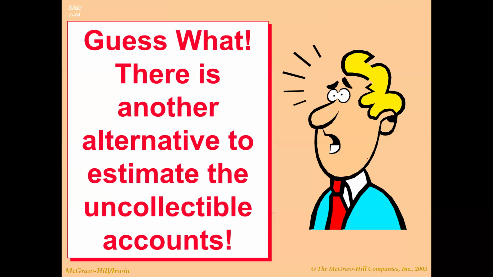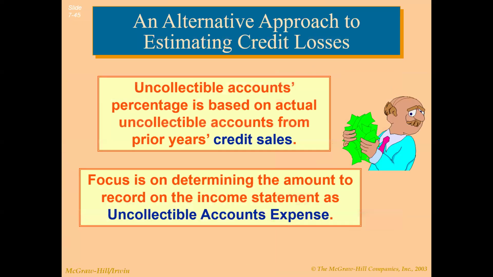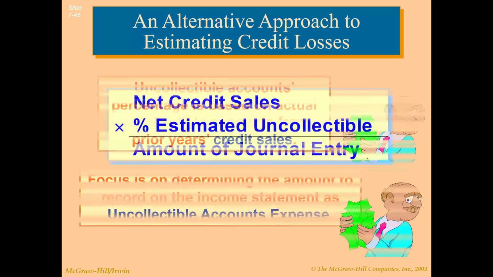So we have another alternative for uncollectible accounts as well. The uncollectible accounts percentage is based on actual uncollectible accounts from the prior year's credit sales. So you can get an idea of what these uncollectible accounts would be. The focus is on determining the amount recorded on the income statement as uncollectible. This is basically, you can get the idea from your sales.